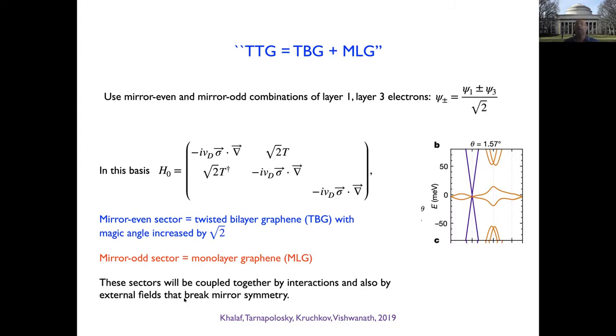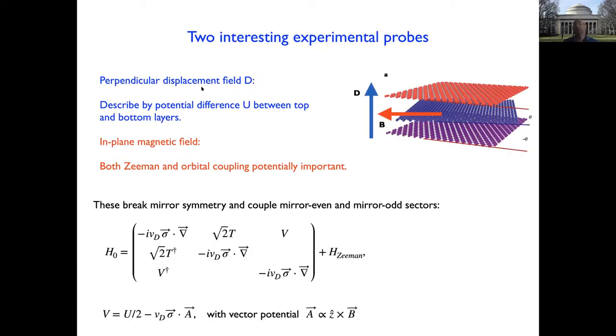Okay. So two interesting such perturbations are a perpendicular displacement field, which you can apply to this system. And theoretically, we'll describe this by a potential difference U between the top and bottom layers. And the second perturbation is an in-plane magnetic field. And the in-plane magnetic field, of course, has a Zeeman coupling to the electrons.